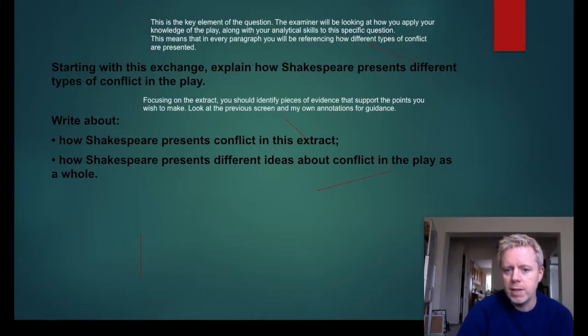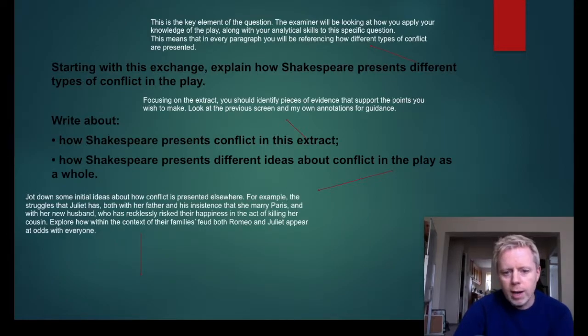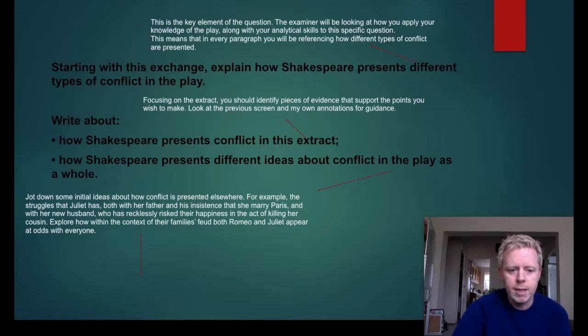You should identify pieces of evidence that support the points you wish to make. Look at the previous screen and my own annotations for guidance for this particular question. And then the wider play. Jot down some initial ideas about how conflict is presented elsewhere. For example, the struggles that Juliet has, both with her father and his insistence that she marry Paris, and with her new husband, who has recklessly risked their happiness in the act of killing her cousin.